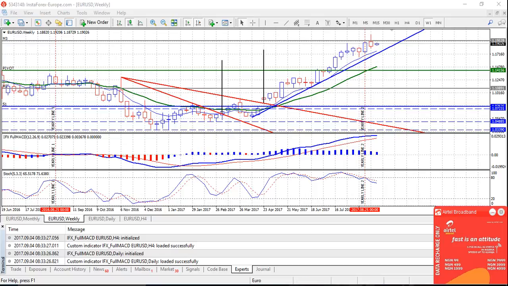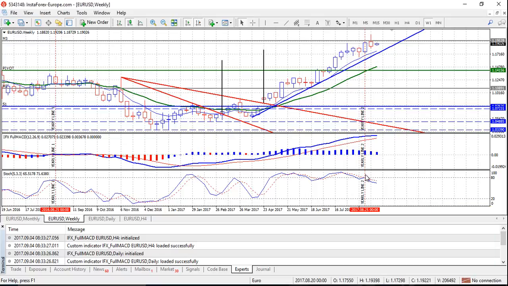Before continuing, as you can already see, this is the account number, the live trading account of InstaForex. I'm on the European server, that's why you can see it here. And this is the Euro USD pair.